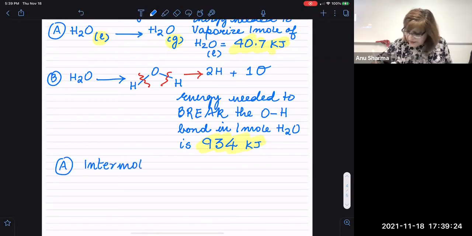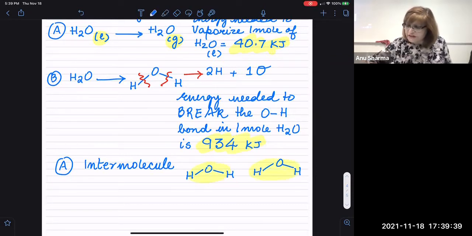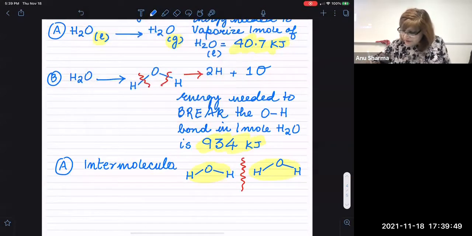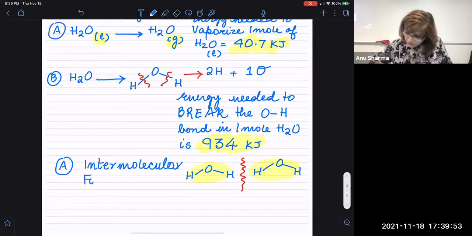This is the energy that is in between the water and the other water. If we want to dismantle their structure, we just need that much. So the intermolecular forces are just holding the structure together.